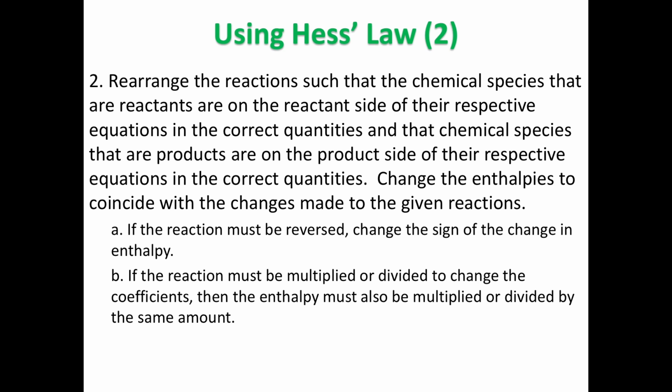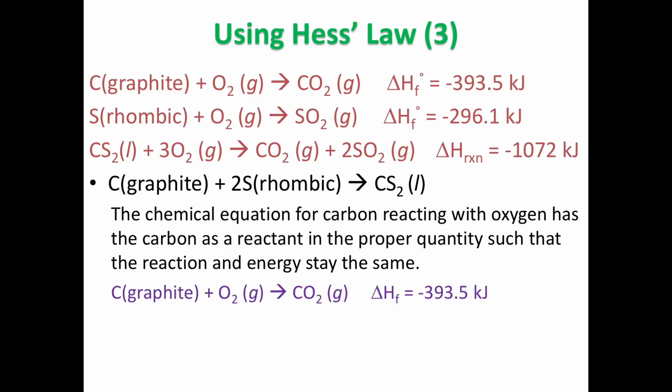First, if the reaction must be reversed, change the sign of the change in enthalpy. Exothermic reactions become endothermic reactions, and endothermic reactions become exothermic reactions. Second, if the reaction must be multiplied or divided to change the coefficients, then the enthalpy must also be multiplied or divided by that same amount.